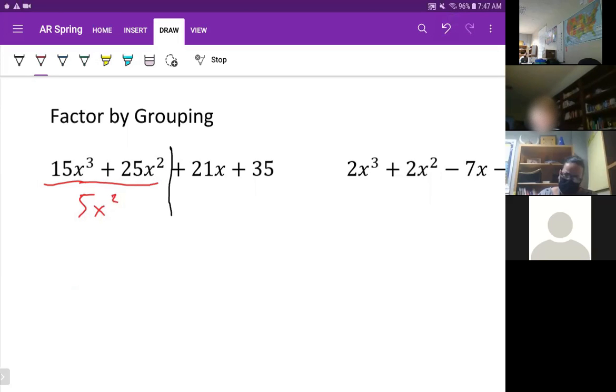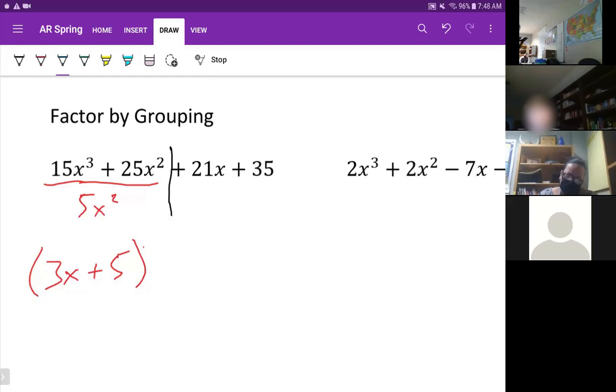So 15 divided by 5 is 3. x cubed and x squared gives you x, plus 25x divided by 5 is 5, and then, yeah, there it is. So we're able to pull 5x squared out of that one.